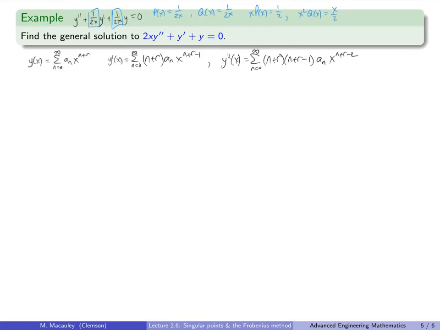Now let's plug these back into the ODE. Now it's always easier to plug it back into the original one. We don't want to be dividing by x's here. That's always bad news. Trust me on this.